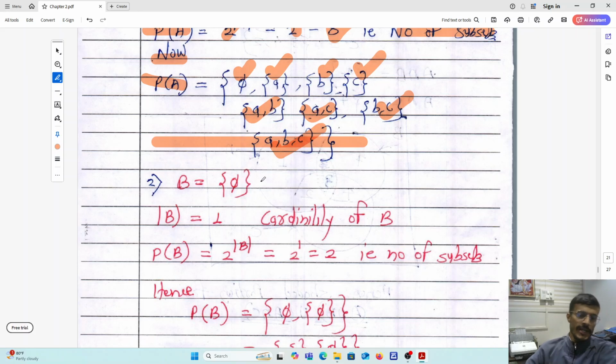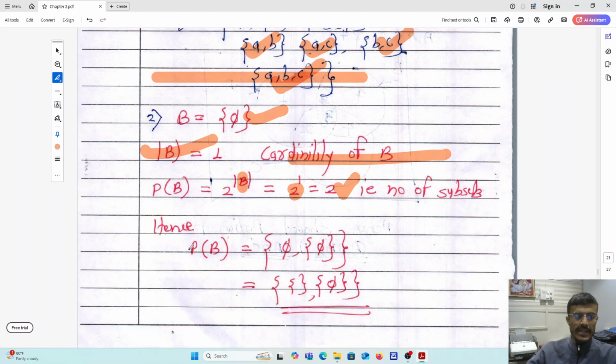Then B is equal to {phi}. So actually it is not an empty set, because in between the opening and closing curlies there is one element, that is phi. So the cardinality of B is 1, because one element is present. So P(B) is equal to 2 raised to |B|, which is 2 raised to 1, which is equal to 2. Means the number of possible subsets is 2.